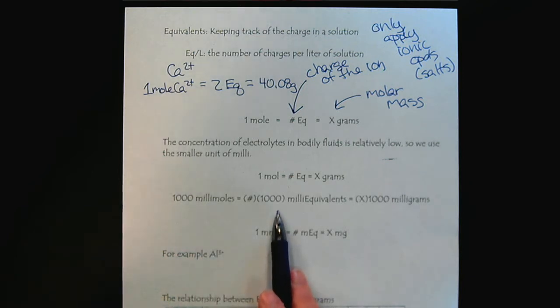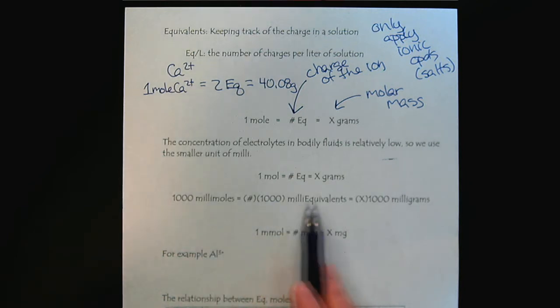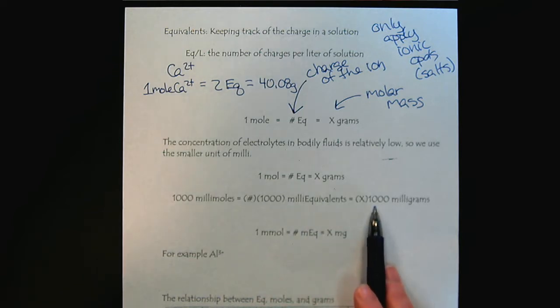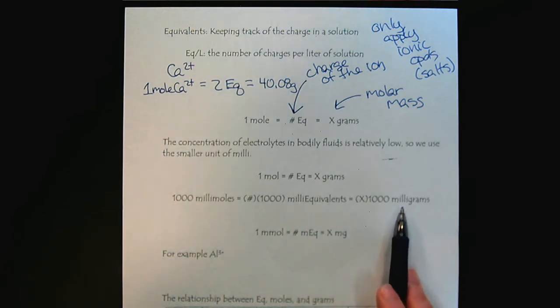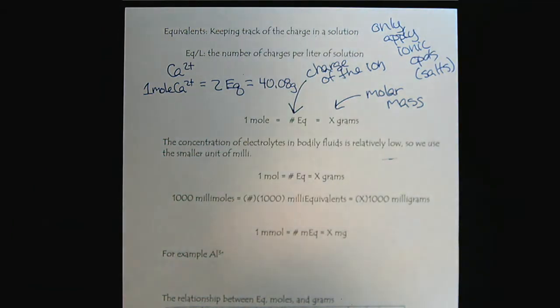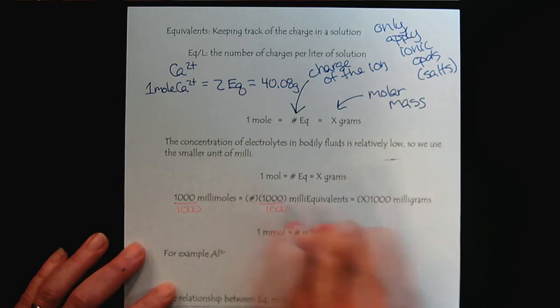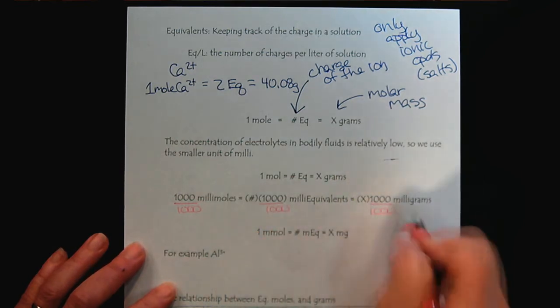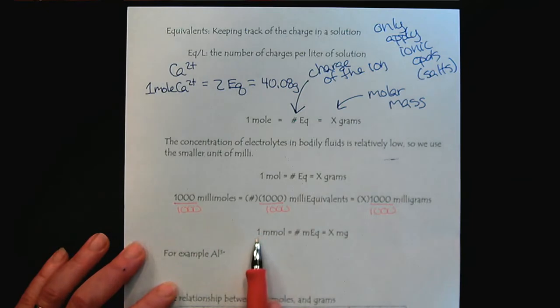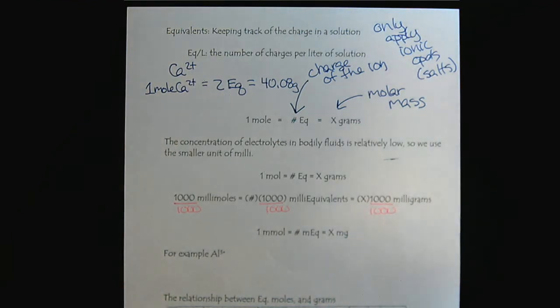And that would be the same as saying we have 1,000 milli equivalents, and the same thing as saying we have 1,000 milligrams. So then we can just divide each of these by the common factor of 1,000, and so this equality reduces to 1 millimole of a substance equals the number of charges for milli equivalents or milligrams.